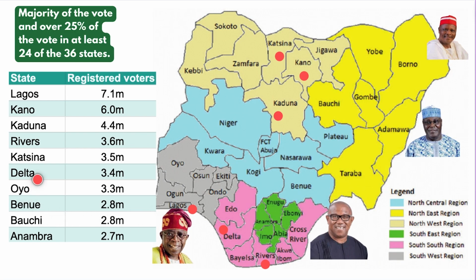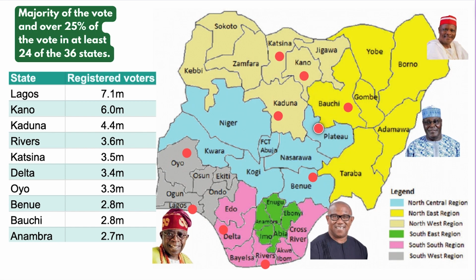And then you have Oyo State, which is part of the southwest, the Yoruba people, which is the tribe he comes from. And then you have Benue State as well. Benue is almost like a neutral ground, but somebody can drop a comment and let me know whether I'm wrong about it. I think it's kind of a neutral ground, really, where you can't tell who is going to get it. Bauchi, yeah, we're talking about the North as well.